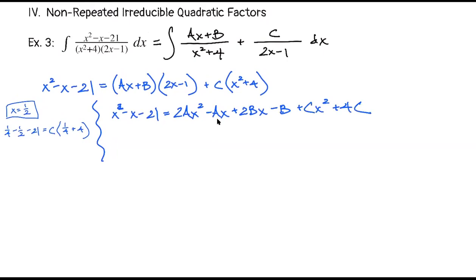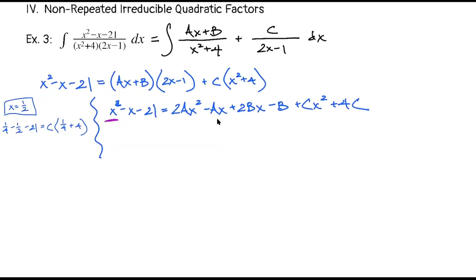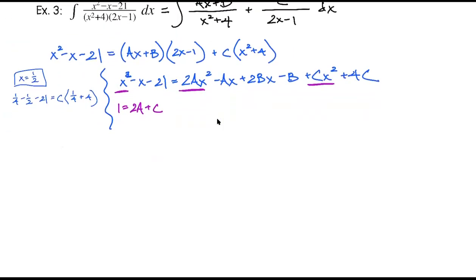Okay? And so what I'm able to do from here is have 3 mini equations. So I'd have x squared, or 1, equals 2a plus c. Right? Now, if I set up another equation with this negative x, I'd have negative 1 equals negative a plus 2b.